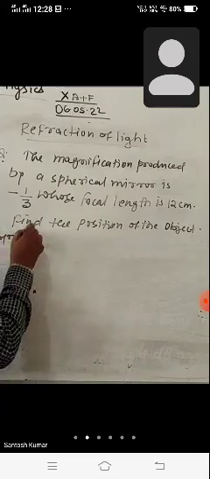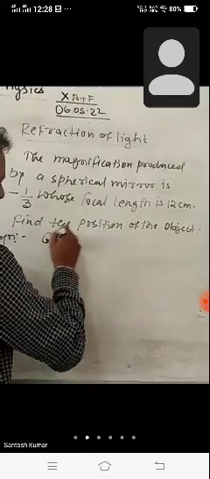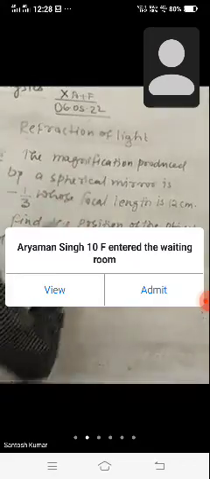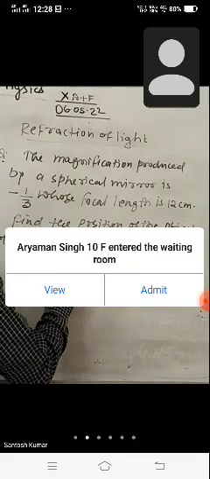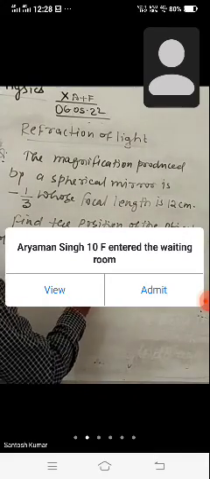So just see. First of all, whatever information has been given, you need to note down. Just see step by step. Given that this is the value of magnification m. m is -1/3. Focal length is 12, f is 12.